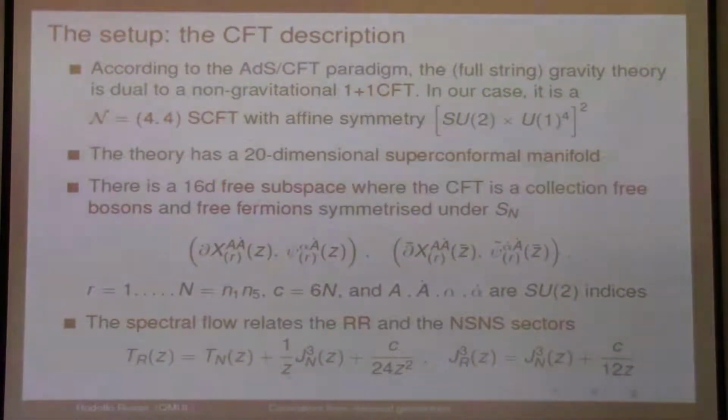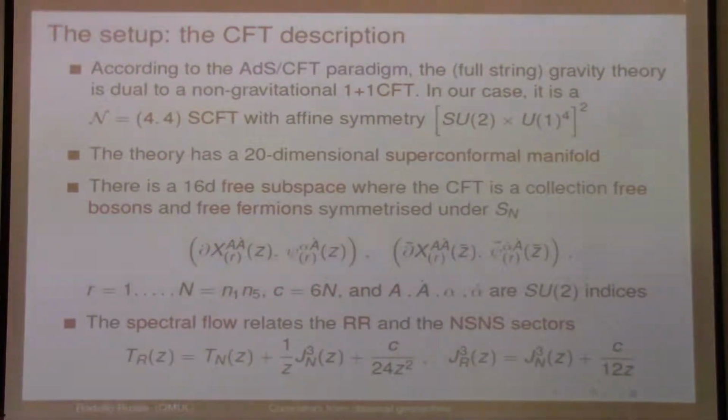And it's useful for us to keep in mind this free description because it's a language that you can use to describe explicitly some protected operators, as we often do in gauge theories when you describe protected operators as traces of elementary fields. So that's very much the same.